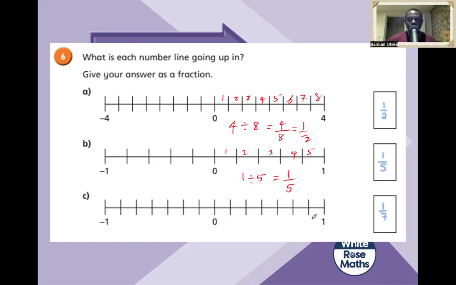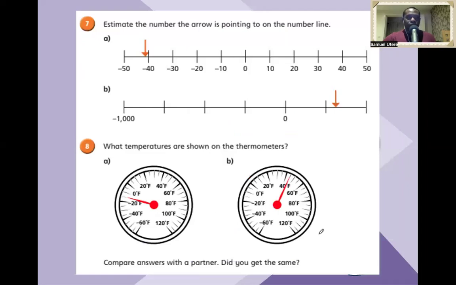This one is between 0 and 1, we have 1, 2, 3, 4, 5, 6, 7 intervals. So 1 divided by 7 is 1 over 7. All right. Pause the video and answer questions 7 and 8 in 3 minutes.